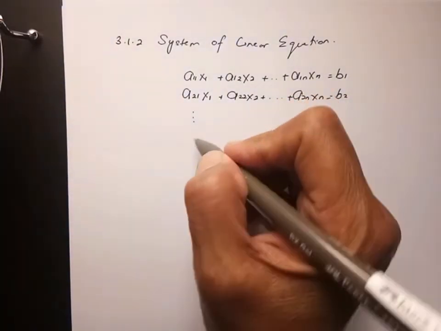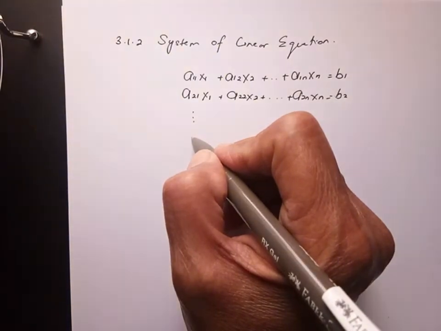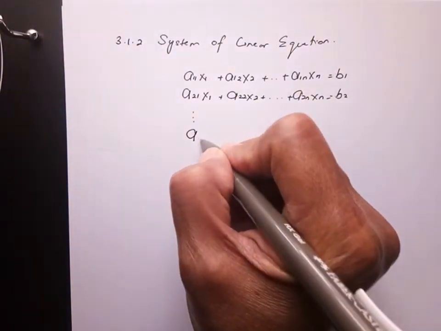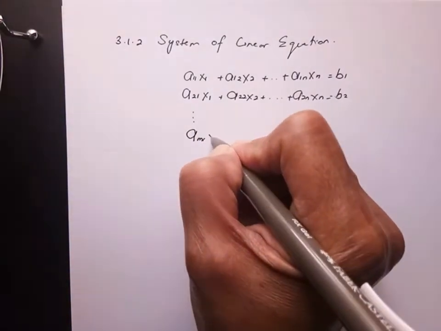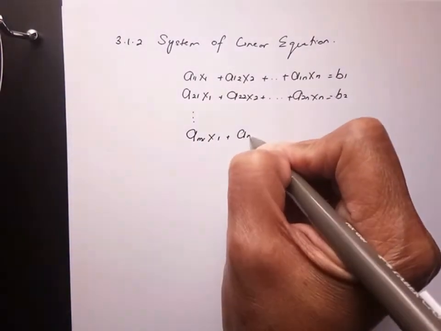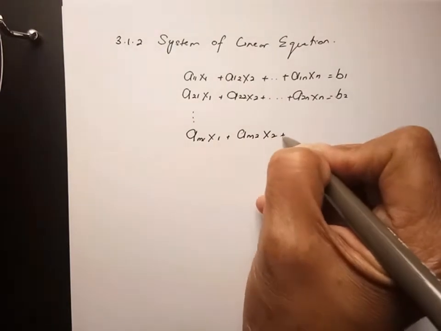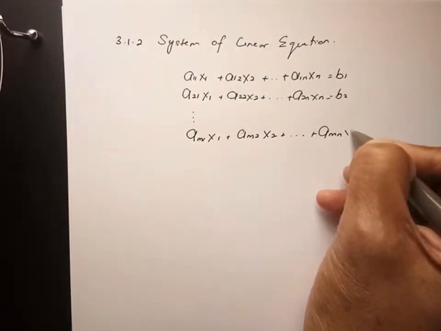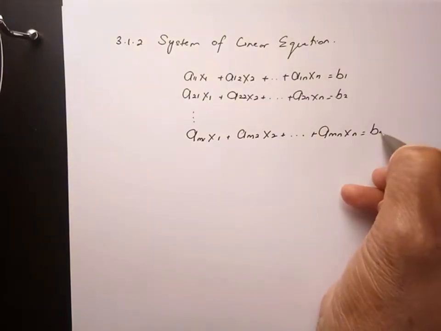Okay, if we have m rows of linear equation, you can write as am1 x1 plus am2 x2 plus until amn xn equal to bm.